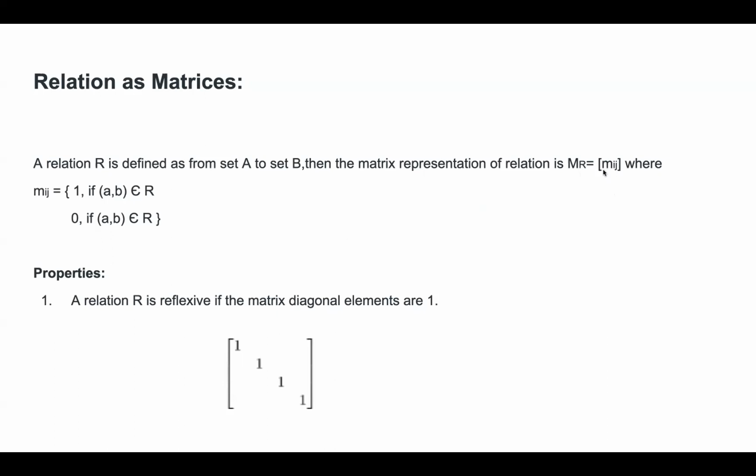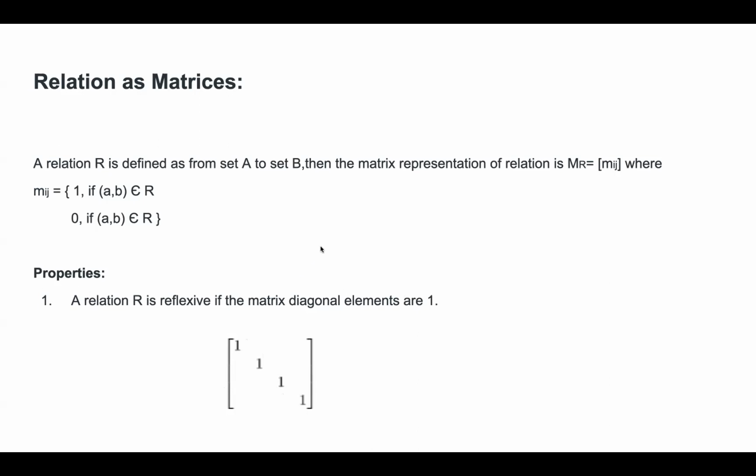MIJ are the elements of the matrix. In a matrix, you can see values are there. Here the I values are row values and the J values are the vertical column values. Horizontally we put the I values, and vertically we put the J values.